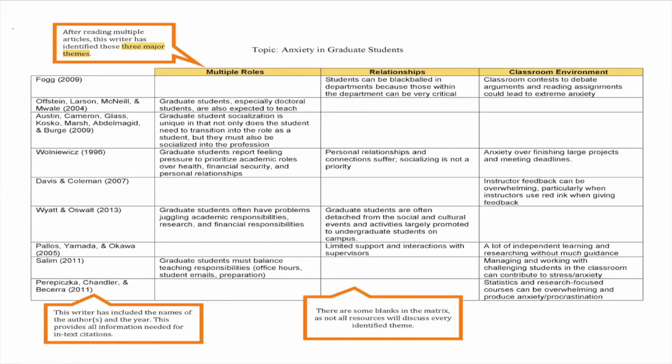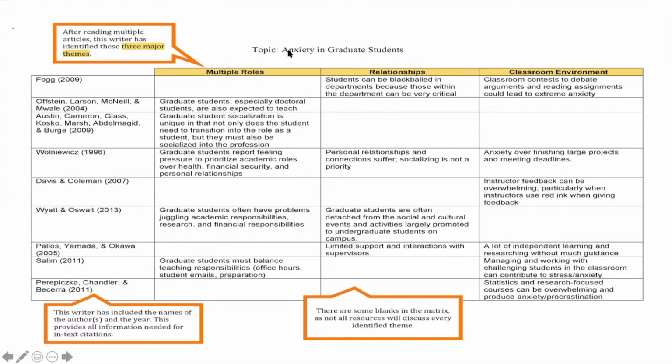Anyway, we also saw this last time. This is a source matrix. This is while you're doing your research. So what you do is you put in your sources side by side like this. You find common ideas among all of them. And then you group these common ideas under labels for the themes.